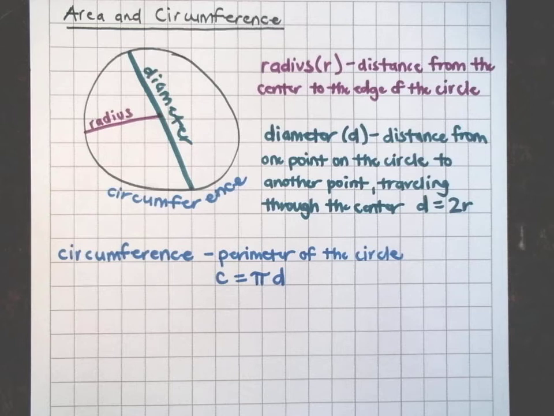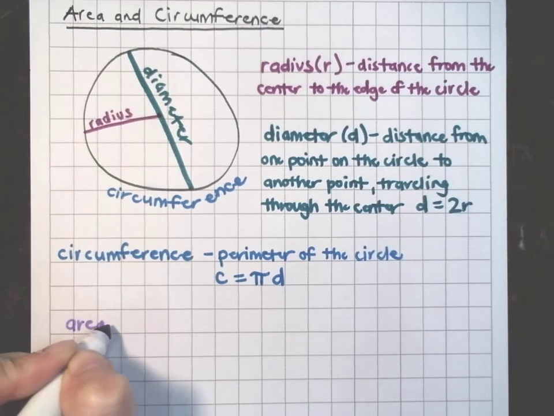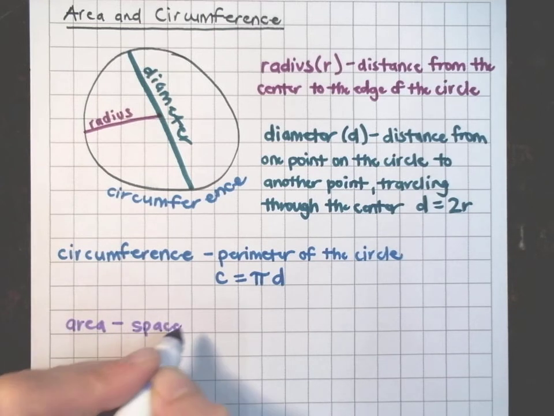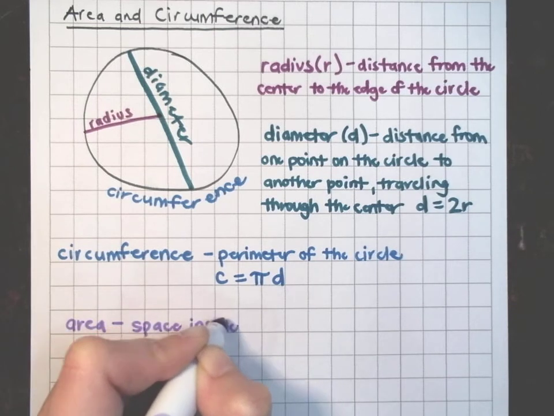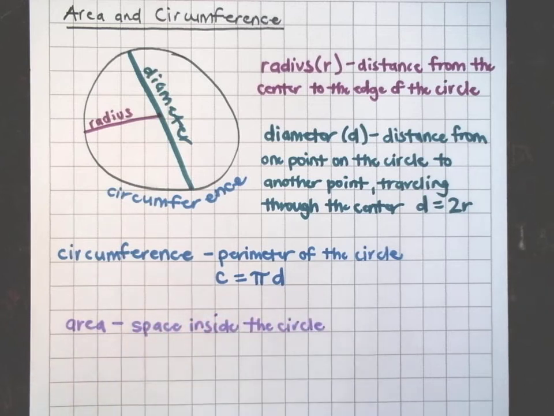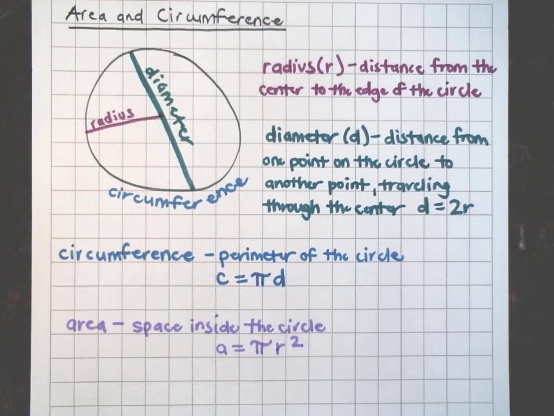And then lastly, we have the area, which is the space inside the circle. And we find the area by multiplying pi times the radius squared.